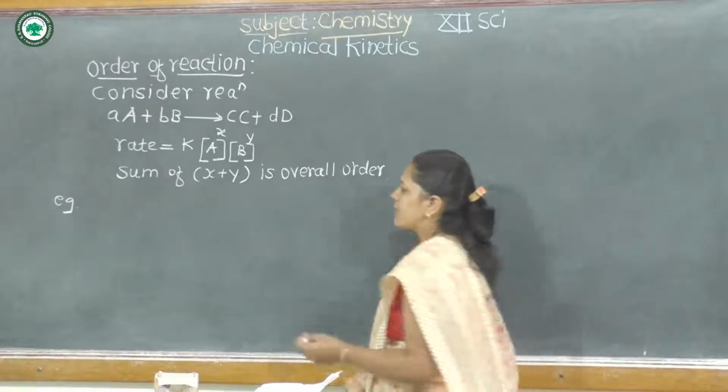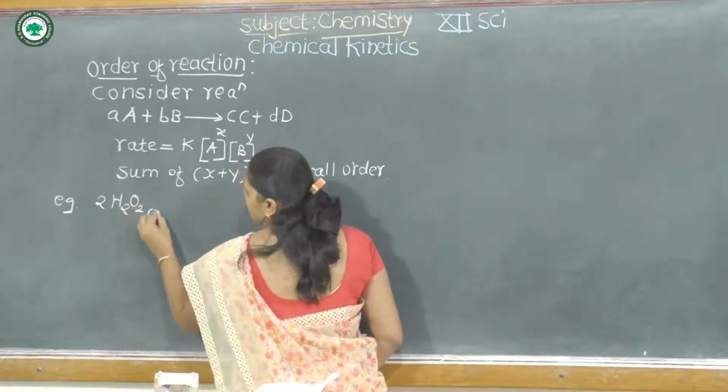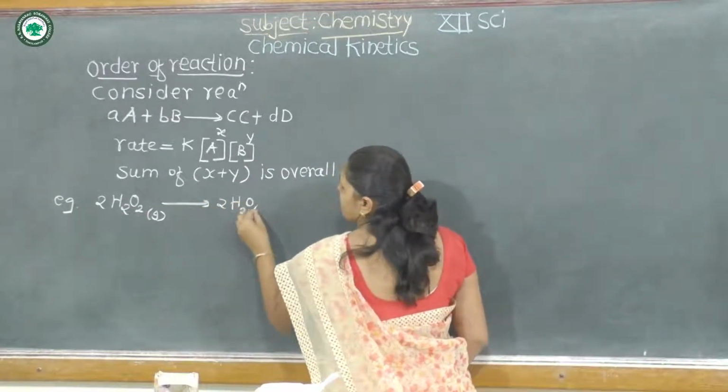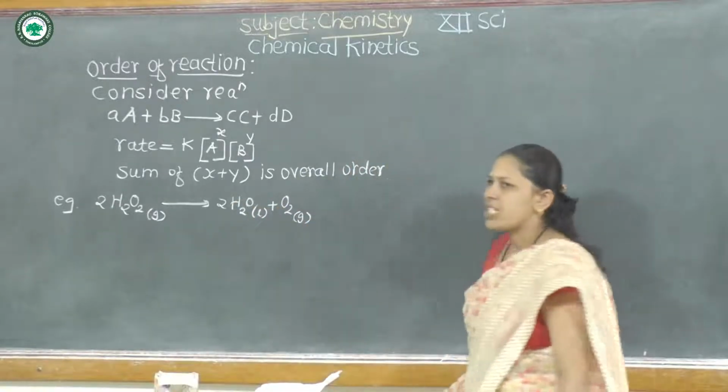For example, twice hydrogen peroxide gives twice water molecule and one molecule of oxygen gas.